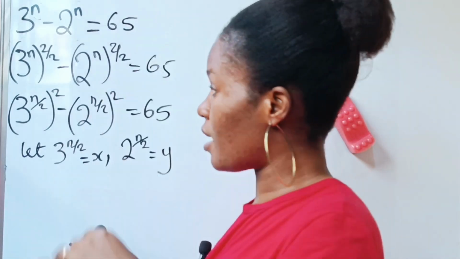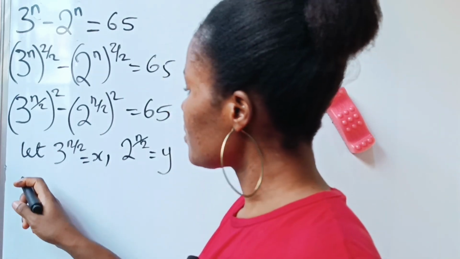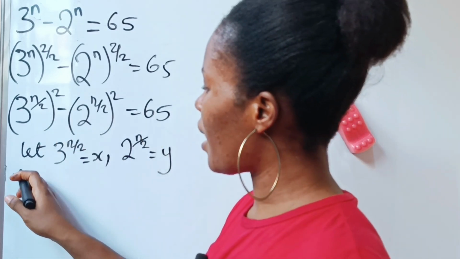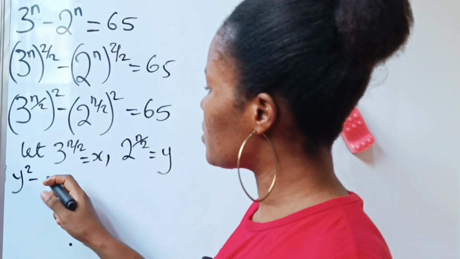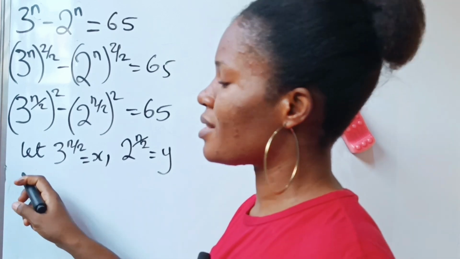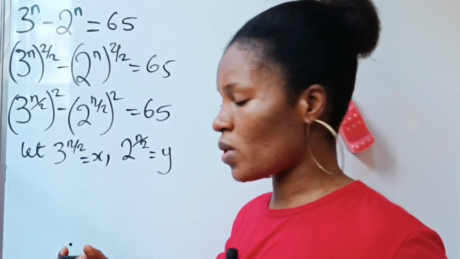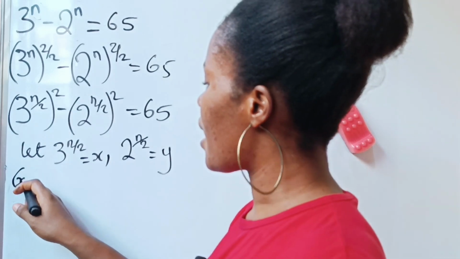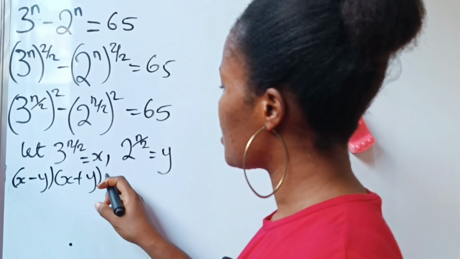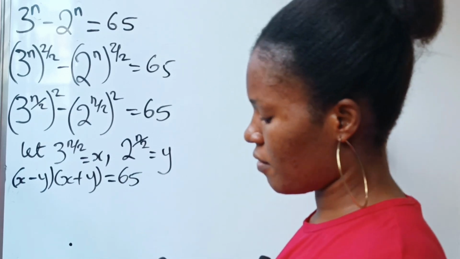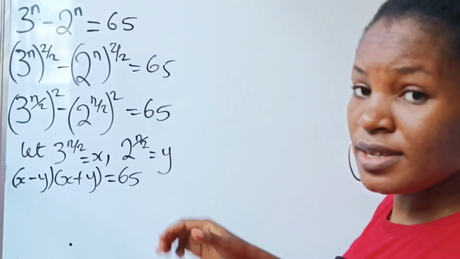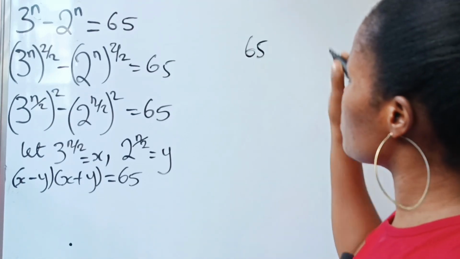So let's go ahead and write this in this form. Recall that we said let this be x and this be y. So what we now have is x squared minus y squared, which can be written as x minus y multiplied by x plus y, is equal to 65. Now let's go ahead and rewrite this 65 in product form.